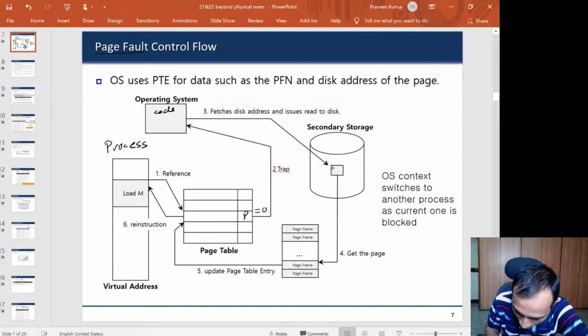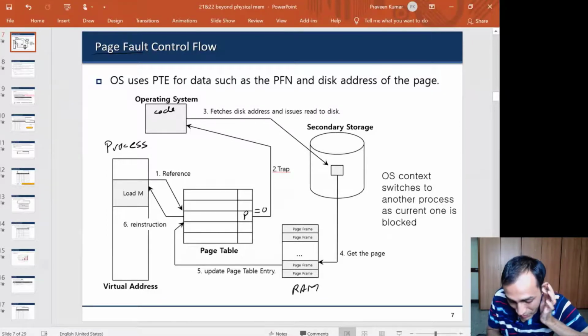That read operation will get the page from the hard disk and try to find an appropriate location in our RAM to store it. Again, if RAM is full, then before this operation happens, it has to replace one of the existing page frames. That's why I'm saying this is an incomplete diagram.